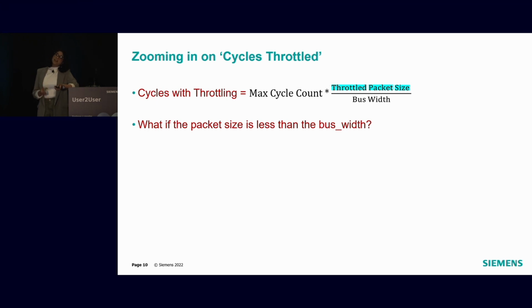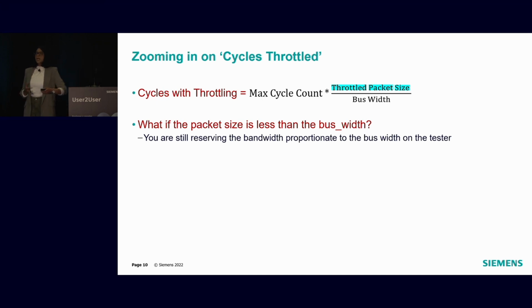But once you have reserved the bits on the tester for your bus width, that bandwidth is going to be consumed anyway. So you are not going to be able to bring down that factor even if you make your packet look really small so that your factor becomes less than 1. Your bandwidth is still getting consumed because those many pins are reserved on the tester.